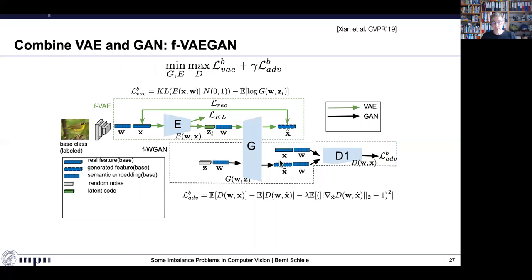Okay, so one thing that has been argued is that we could use a variational autoencoder in combination with a GAN, and that's exactly what this upper stream here is. We have the feature embedding, still the same as before, that gives us the feature. Now this feature is encoded to get this latent code that is ideally the same as on that side. We're using the classic KL divergence as a constraint that it's Gaussian distributed.